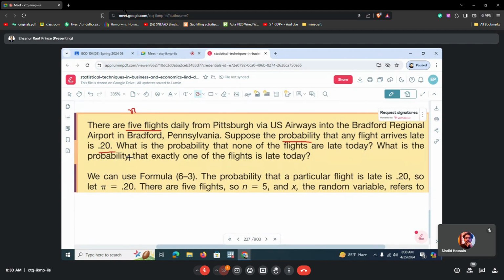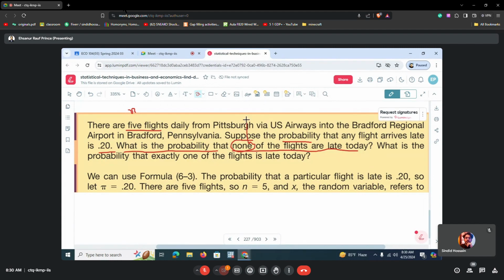In fact, we have two questions here. Let's see the first question. What is the probability that none of the flights are late today? What is the value of x here? What do you think? The value of n was 5, so x is 5? Look, there are 5 flights from one airport to another. The question is, what is the probability that none of the flights are late today?